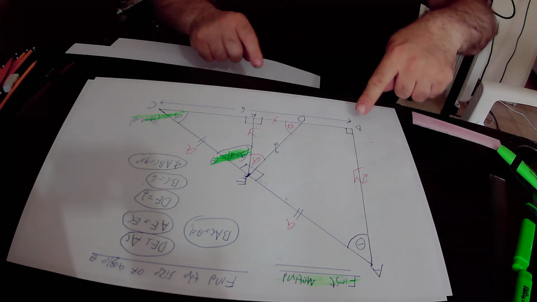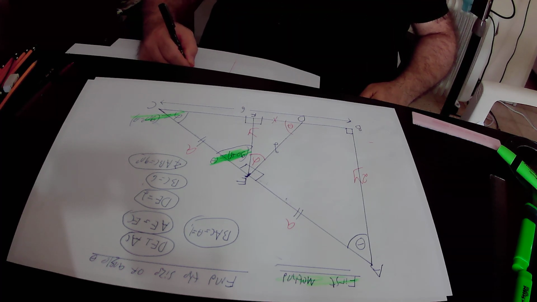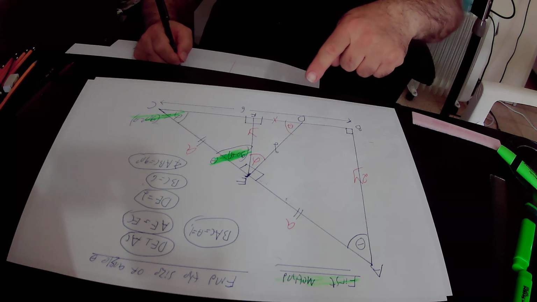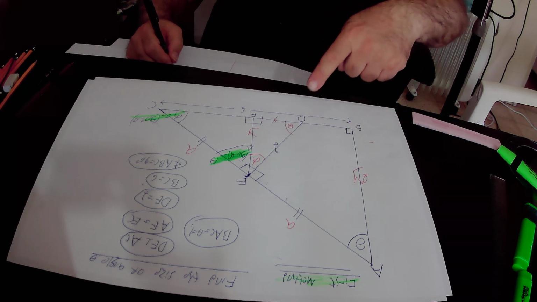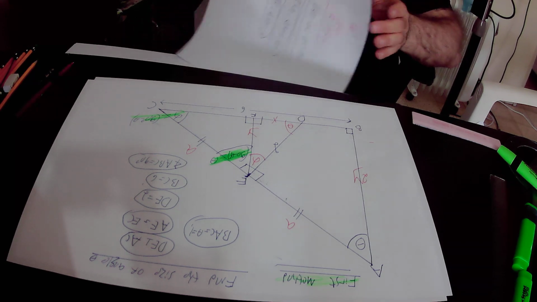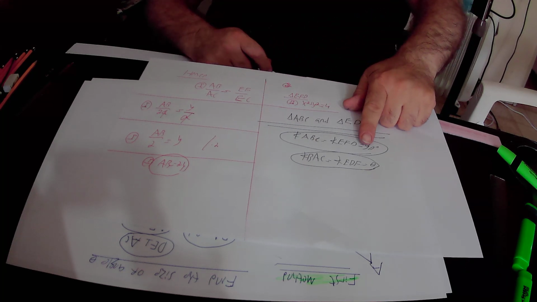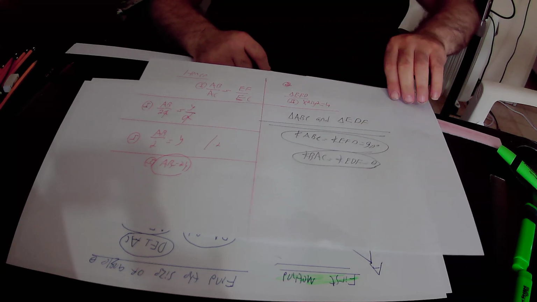So angle BAC is equal to angle EDF, and they are both equal to theta.